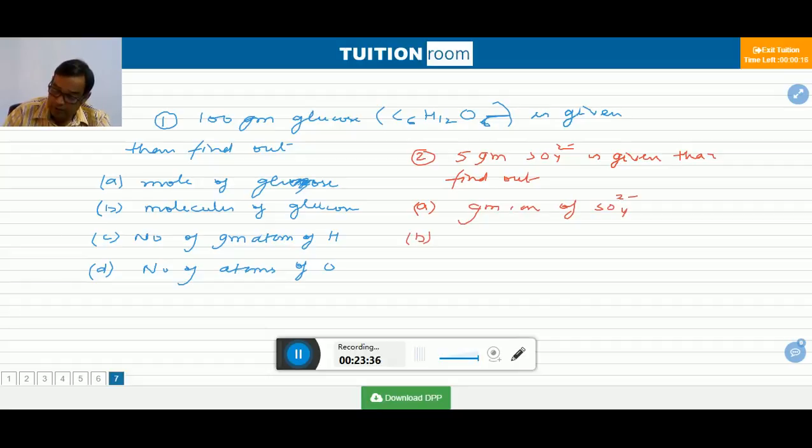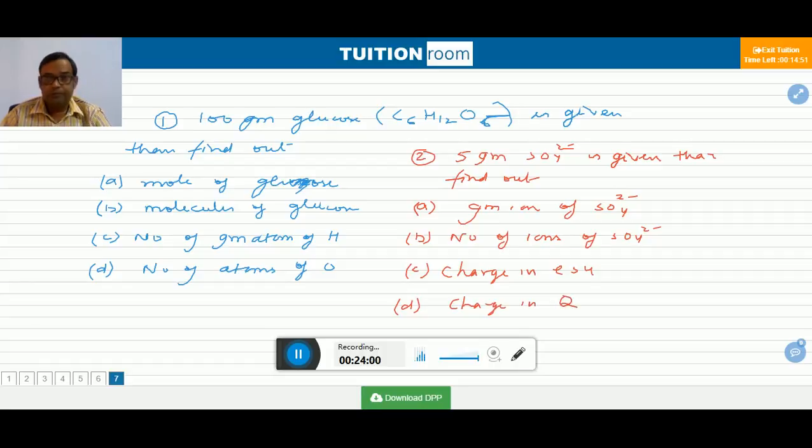B, number of ions of sulfate. C part, charge in ESU. D, charge in coulombs.